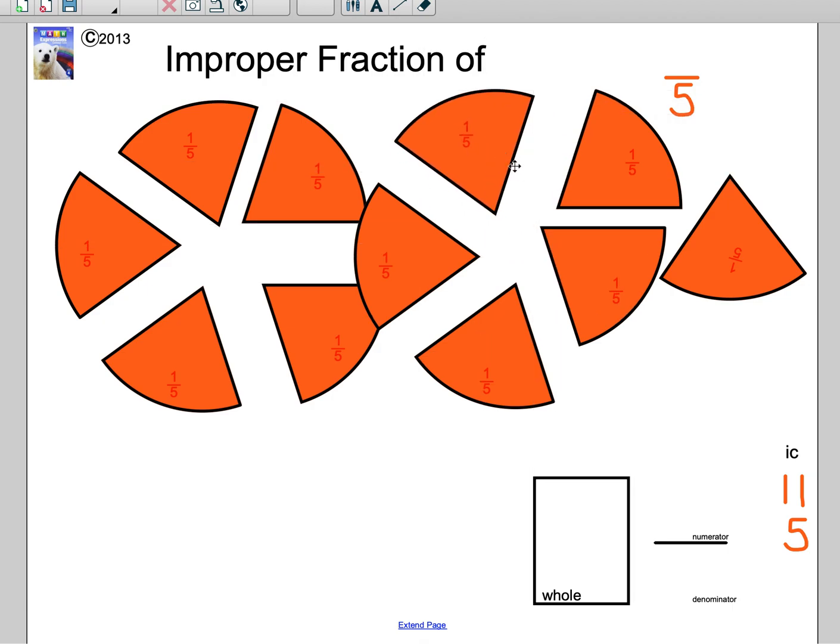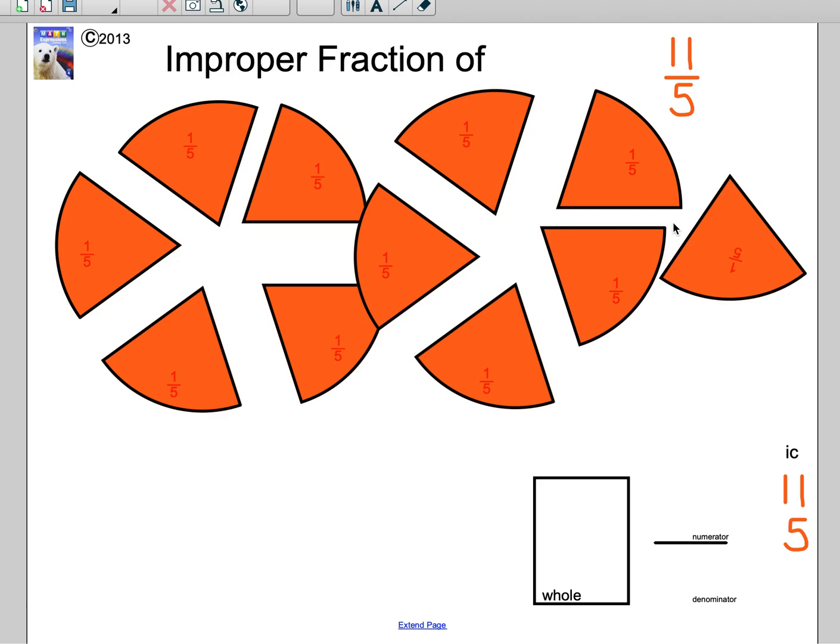Now let's count how many we have. When we count 5, 6, 7, 8, 9, 10, 11, we have 11 fifth pieces, and it can look like this, 11 fifths. Well, how do we take 11 fifths and turn it back to a mixed number?